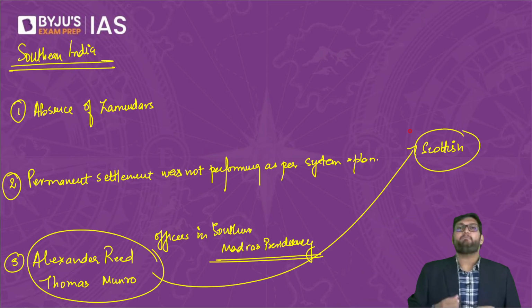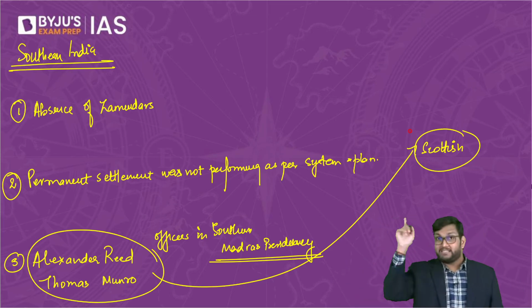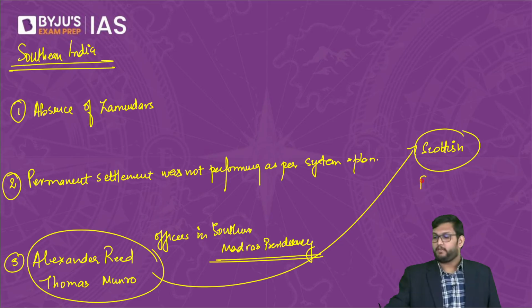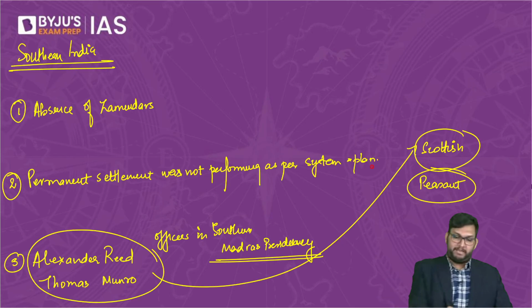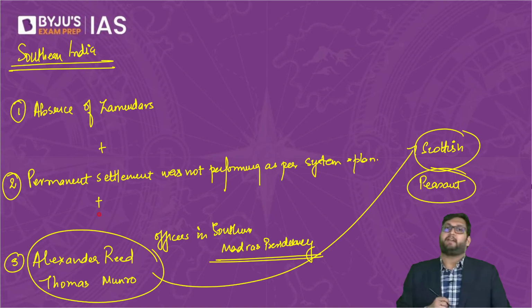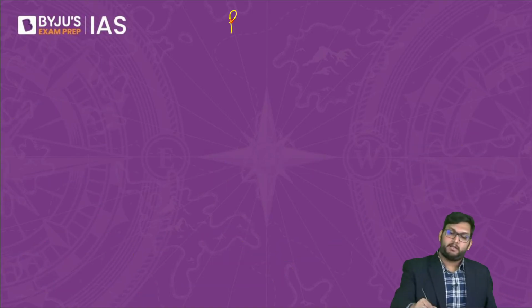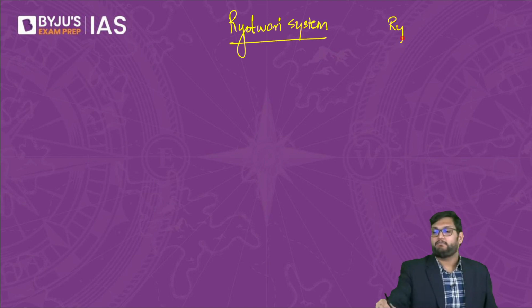And they believe that the zamindar is not important, but the peasant is important. And therefore, the system based on these three factors is called Ryotwari system. Ryot literally means peasant.